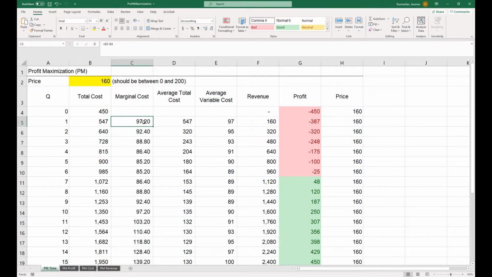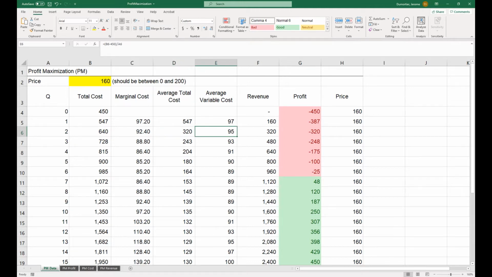The average total cost is the total cost divided by the quantity we produce. So for example, take the number of 640 in total cost. At 640, we are producing 2 units of output, and hence the average total cost for the output of 2 is 640 divided by 2, which gives us 320.